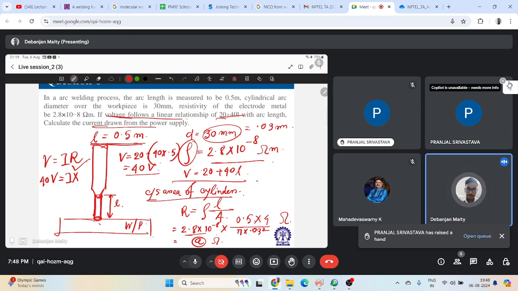I need to calculate I. The resistance you can estimate from rho into L by A. I had used this as A, so I will be some 40 by A amperes. Here A will be some finite value. Just get the idea. Any confusion?